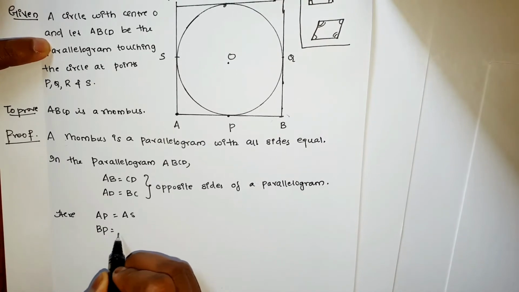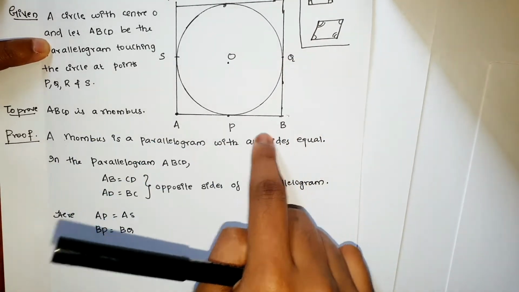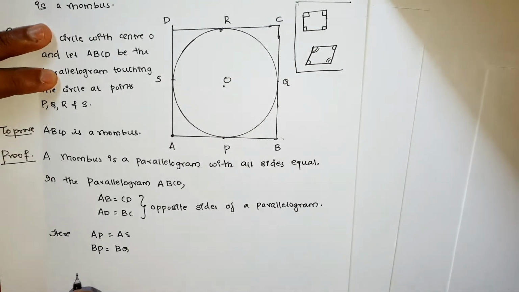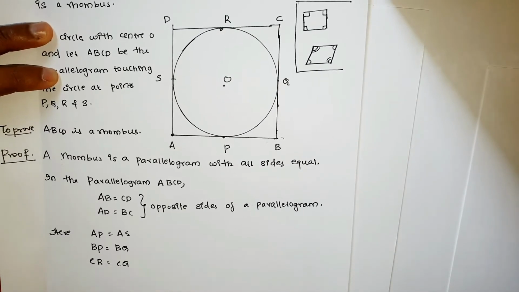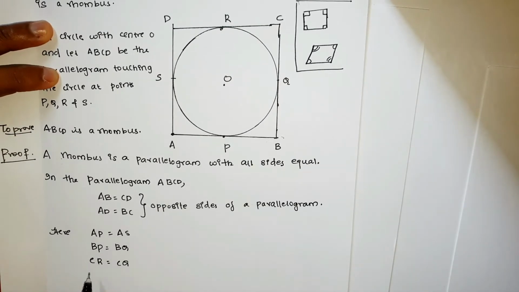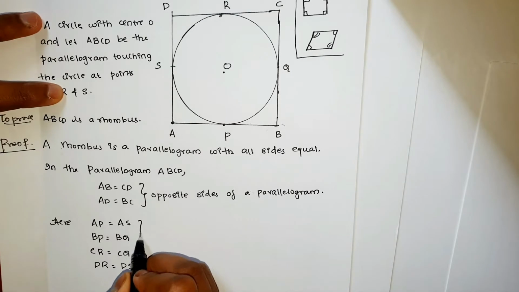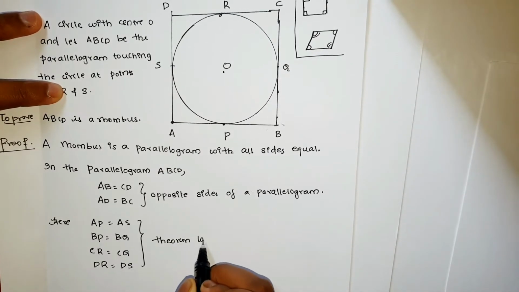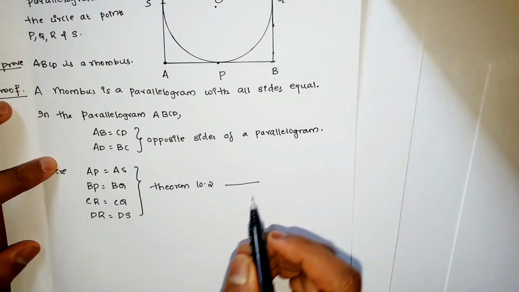BP is equal to BQ, because B is the external point, BQ and BP are the tangents. And next is CR is equal to CQ and DR is equal to DS, all by theorem 10.2, and you have to state the theorem here.